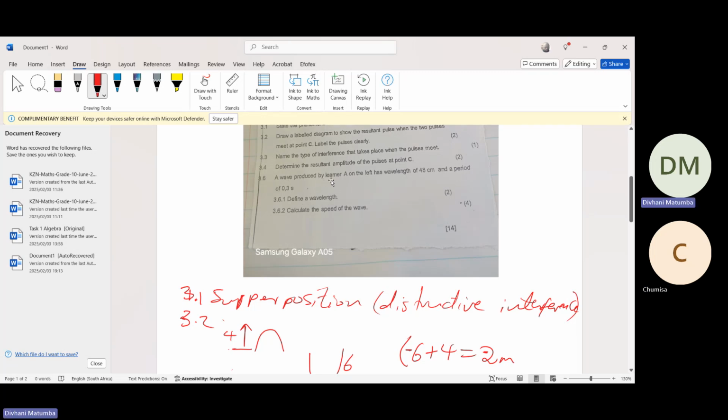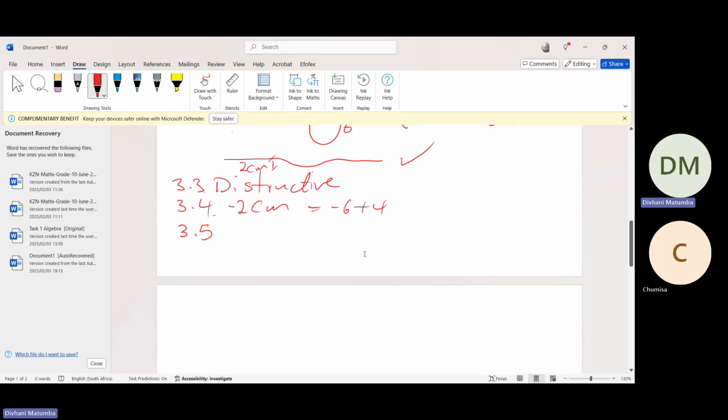3.6. A wave produced by a learner A on the left has a wavelength of 48 centimeters and a period of 0.3. Define a wavelength. What is a wavelength? Distance between two consecutive points that are in phase. Correct.